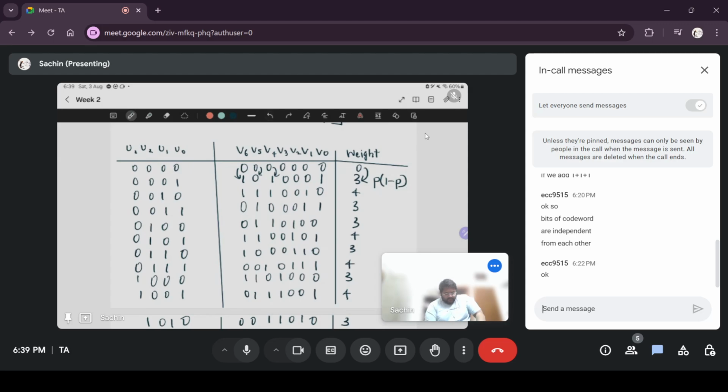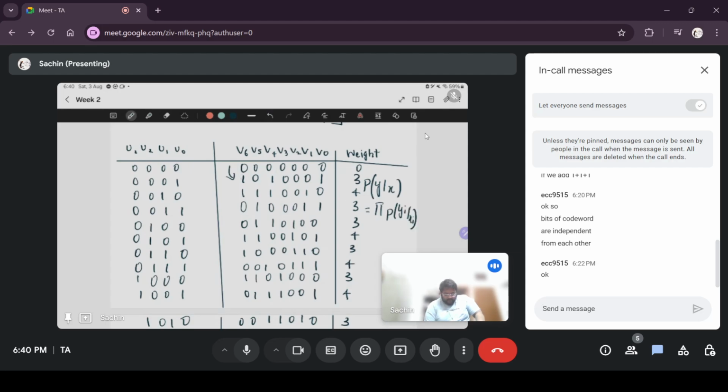So it's multiplicative. You should have learned this in probability. So the probability that this code word changed to this code word is simply the product of probabilities. How do you write it? P of y given x is simply the product of p of yi given xi.